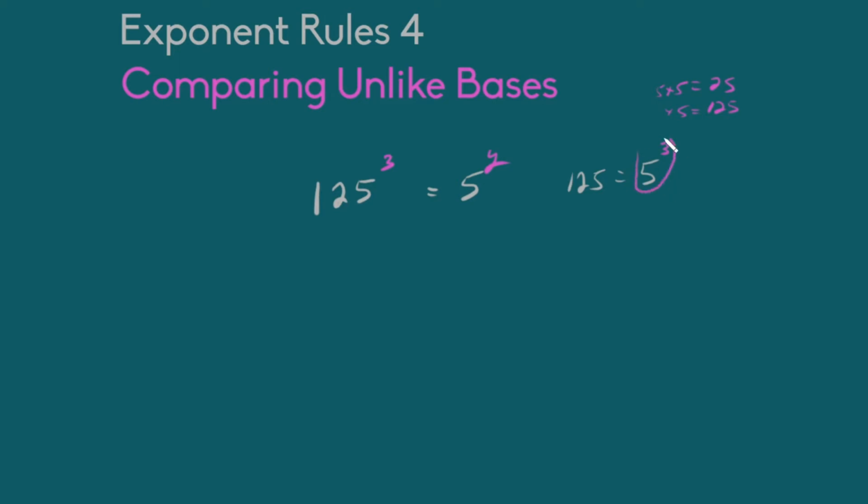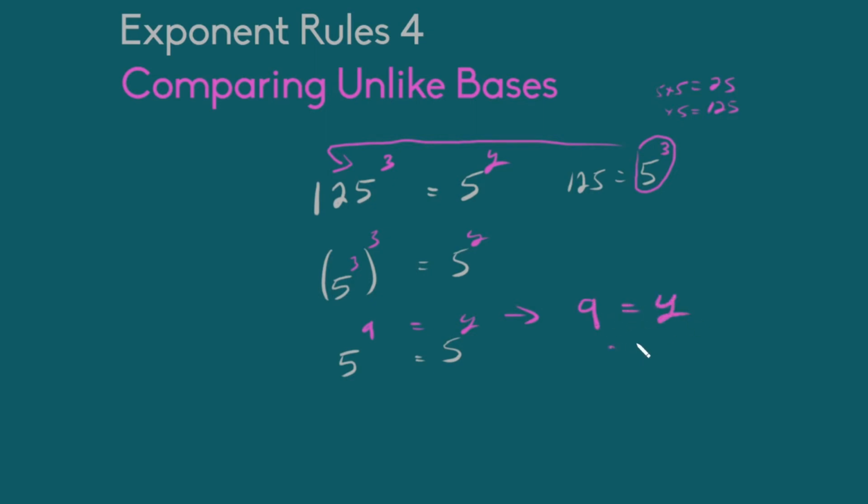So again, we substitute 5 to the 3 in for 125 in our original question, and we get 5 to the power 3 raised to the power 3 equals 5 to the y, and therefore we multiply 3 and 3 together to get 5 to the power 9 equals 5 to the y. And now we know that we have the same base, we can compare the exponents on the left and right hand side, and we know that y is now equal to 9.